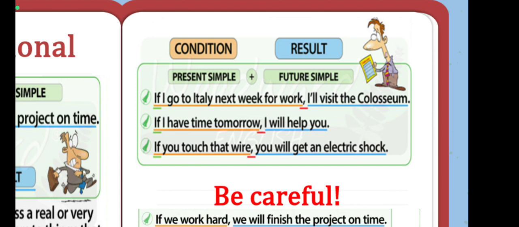If I touch that wire, you will get an electric shock. That's great. Really good job, Oscar. Now, let's check this pronunciation. Coliseum. Okay? You got it.